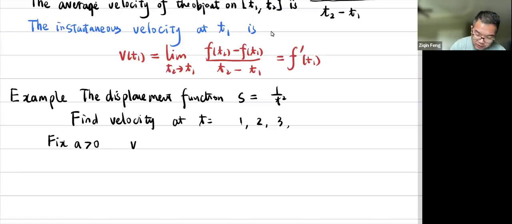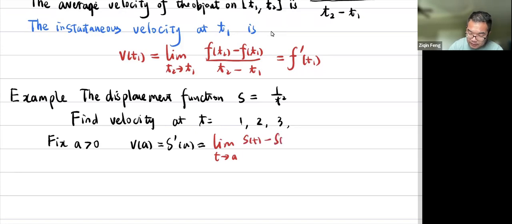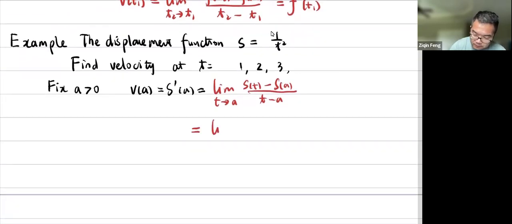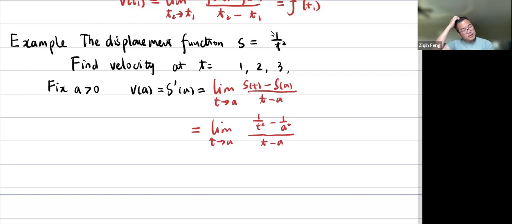So v of a should be s prime of a, which by our definition is the limit as t goes to a of s of t minus s of a over t minus a. Plugging in our function, you get 1 over t squared minus 1 over a squared, over t minus a.